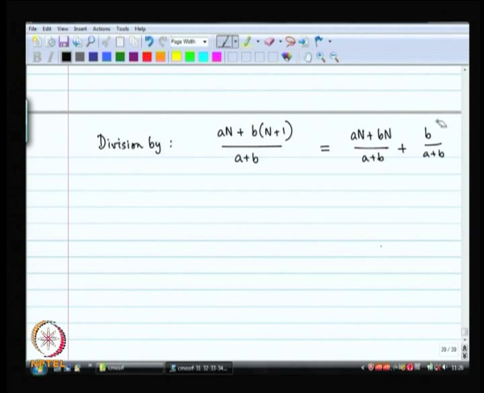This is definitely more than N. Is it more than N plus 1?